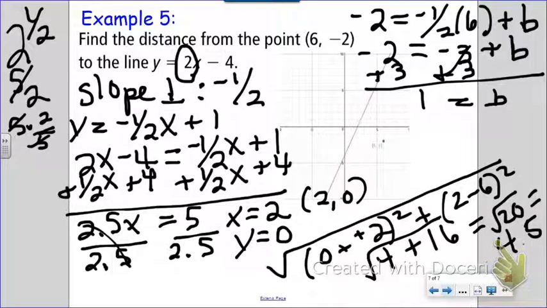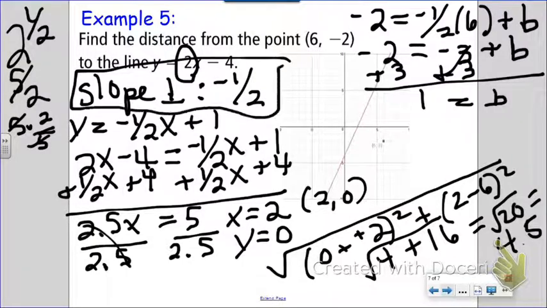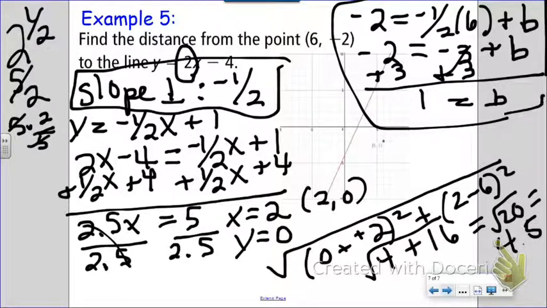So this one, again, to review our steps, we found the slope of the line perpendicular, so this was the first step. Next we wrote our equation of our new line. So this was our second step. We found the b and then wrote our equation.